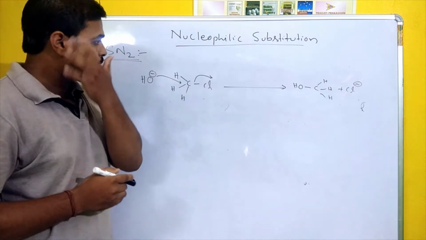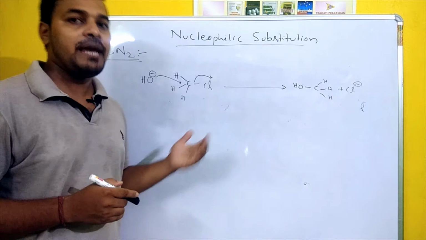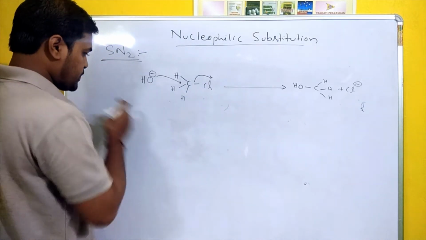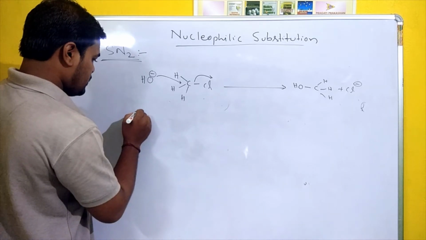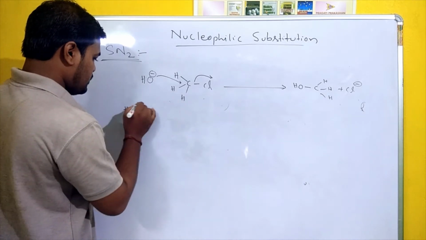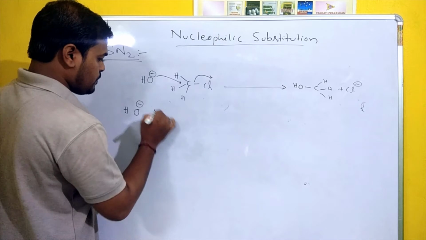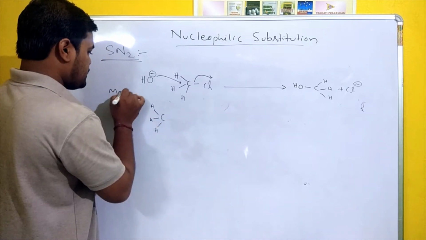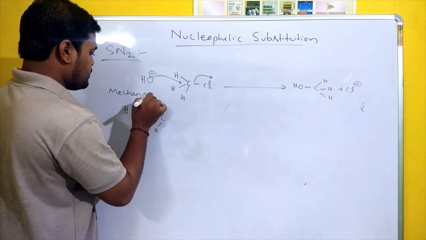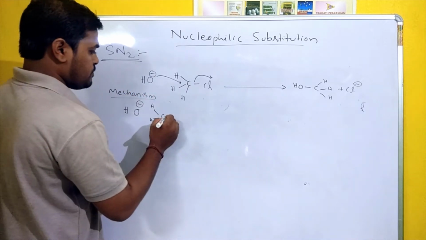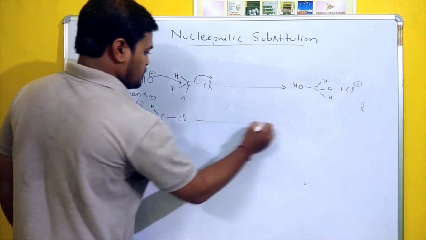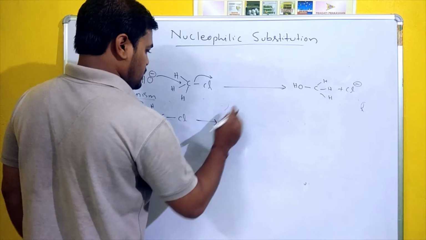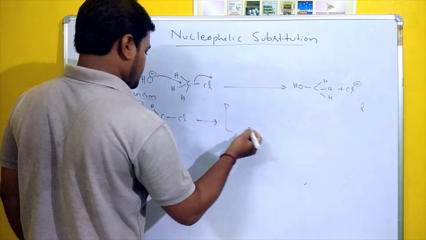This is the overall reaction, and if I go through the mechanism of the reaction, this is a single step reaction. The nucleophile attacks the carbon. Here a transition state is formed.